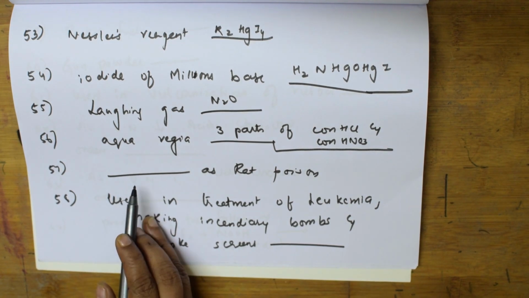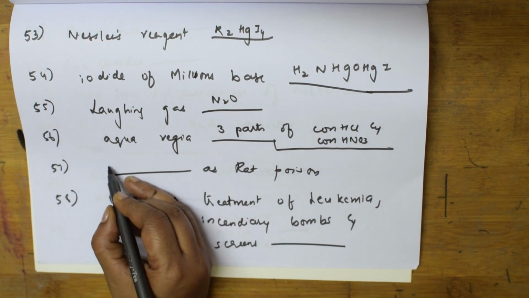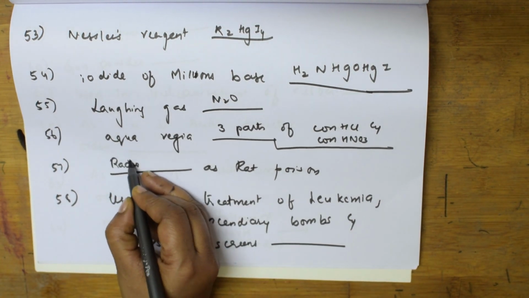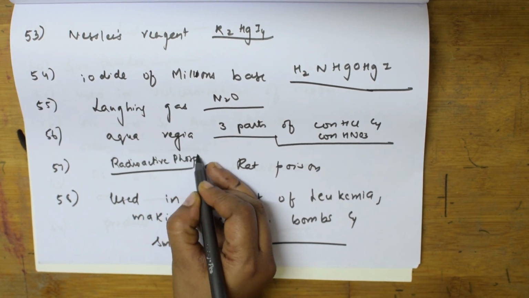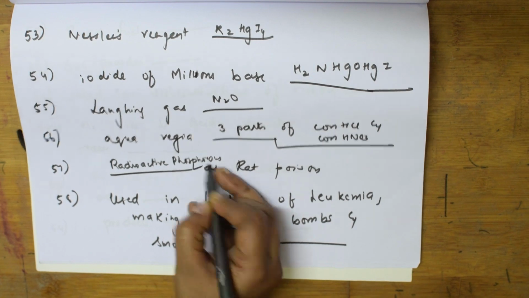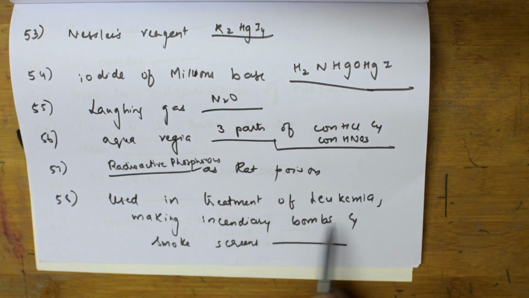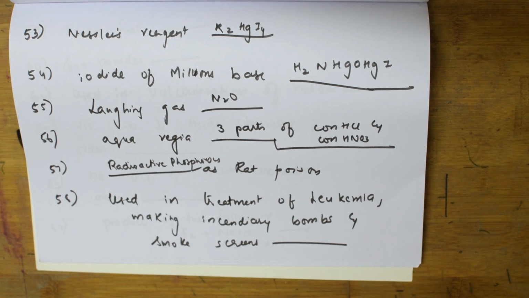Next, which one is used as rat poison? Next, used in treatment of leukemia, making incendiary bombs and smoke screens. Which element is used in treatment of leukemia?